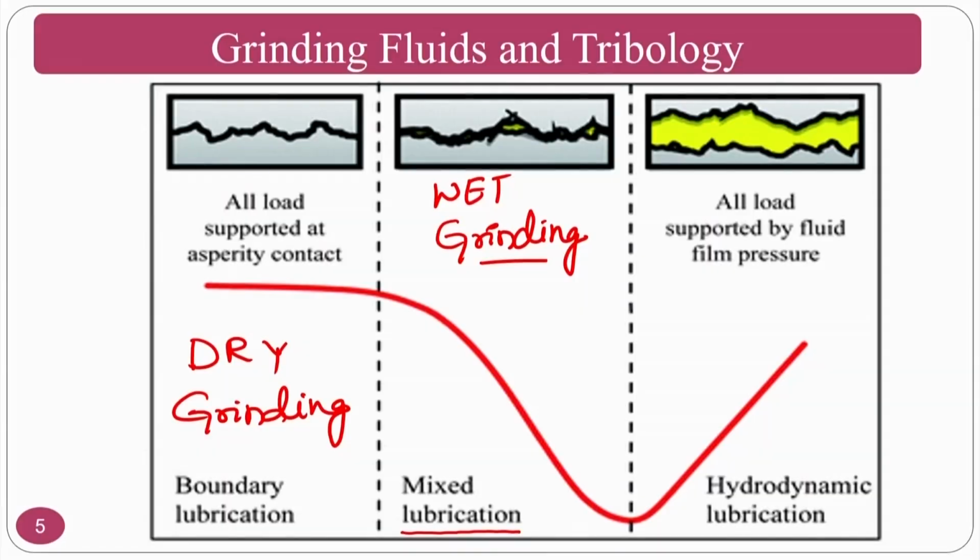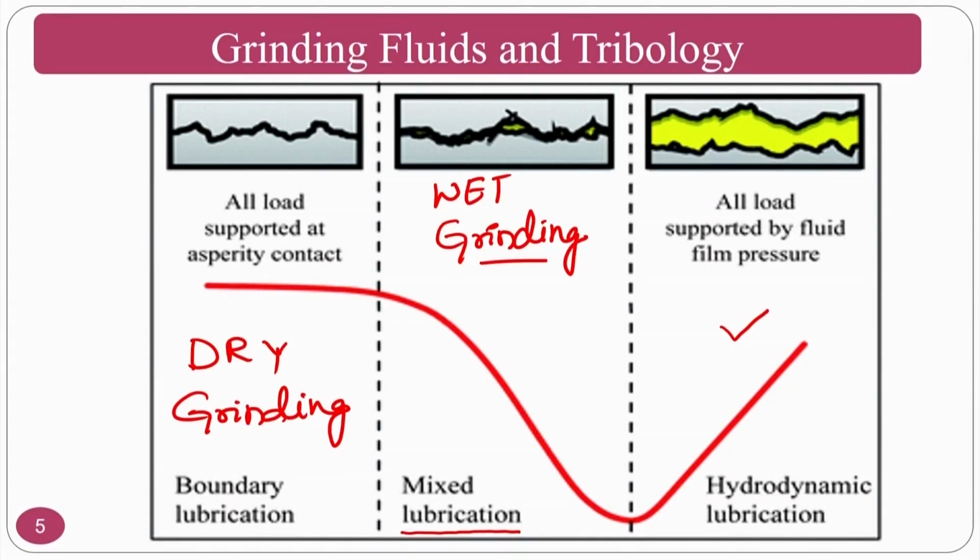If this is the case, what will happen? There is no contact between the grinding wheel as well as the workpiece. So, which we may not like, but hydrodynamic lubrication is the most important and well signified lubrication in terms of most of the tribological conditions like chip tool tribology or bearings and other things. This is the mostly used one or mostly important one.